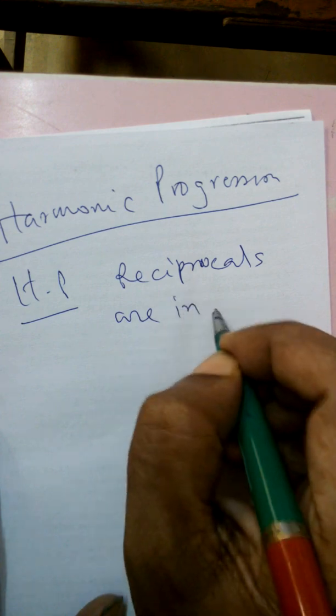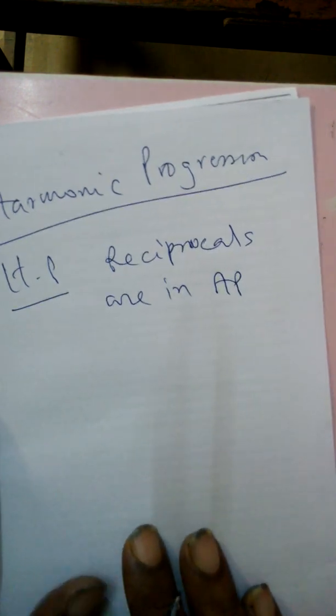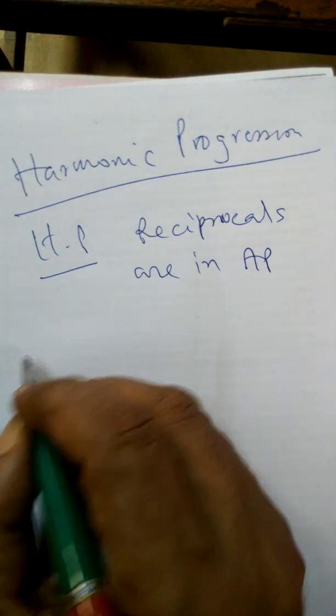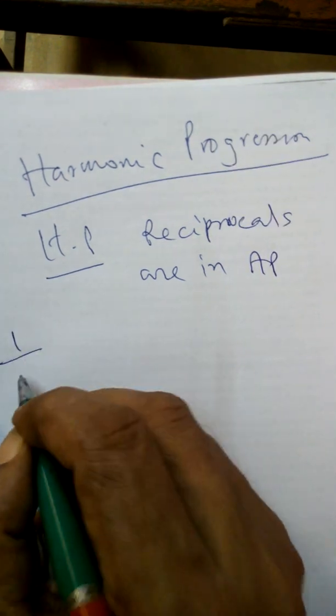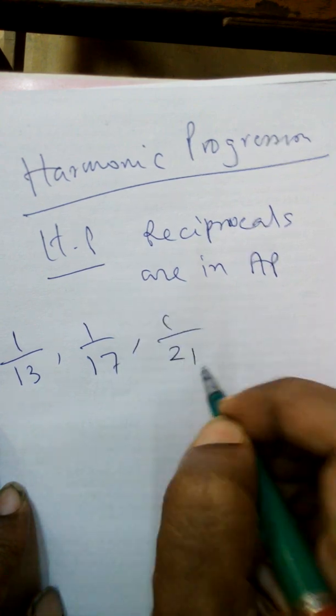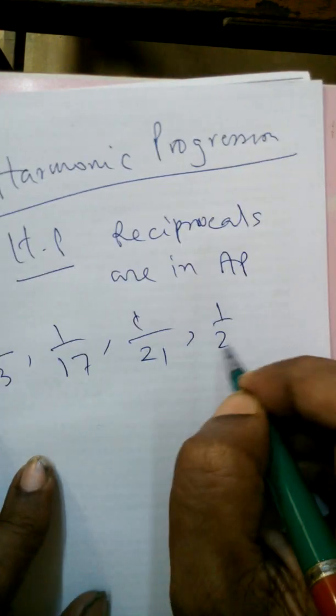When the reciprocals are in AP, the denominators of the numbers in the sequence are in AP. If you look at the denominators and find that they are in AP, then it is a case of harmonic progression. 1 by 13, 1 by 17, 1 by 21, 1 by 25.